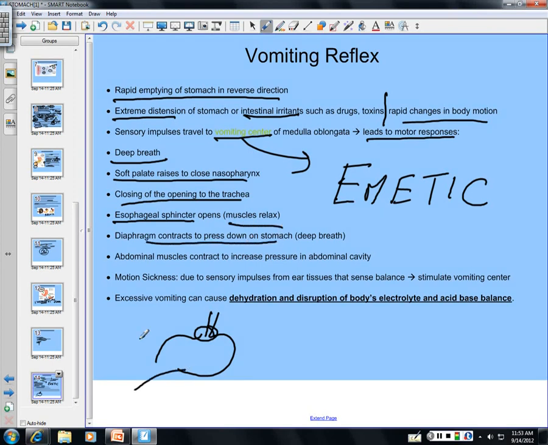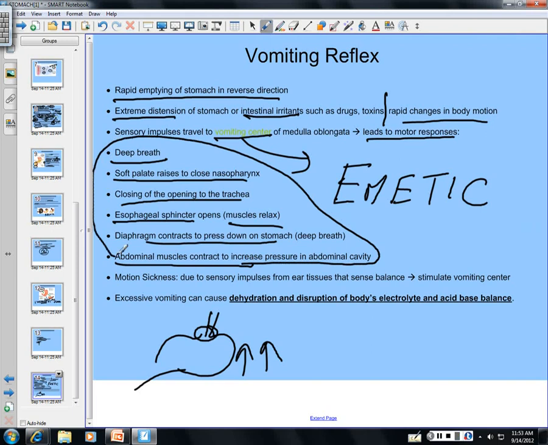The diaphragm will contract to press down on the stomach. You want to throw its contents out through the mouth. Abdominal muscles contract to increase pressure in the abdominal cavity. So all these motor responses take place so that vomiting can occur.